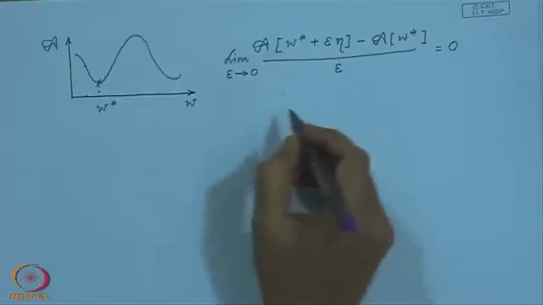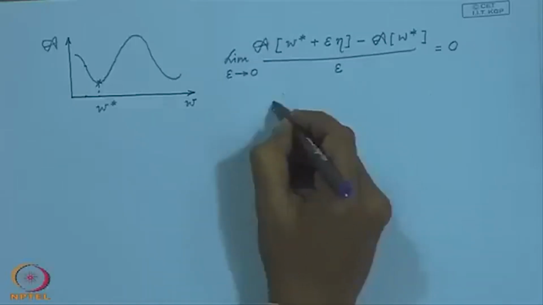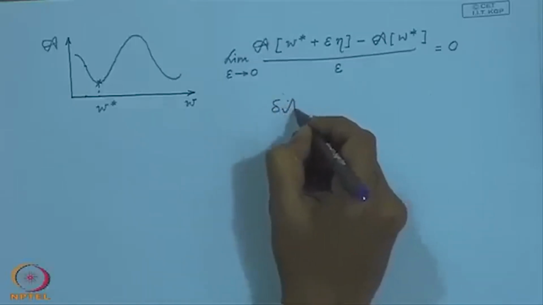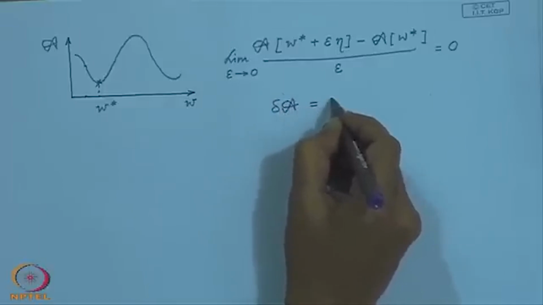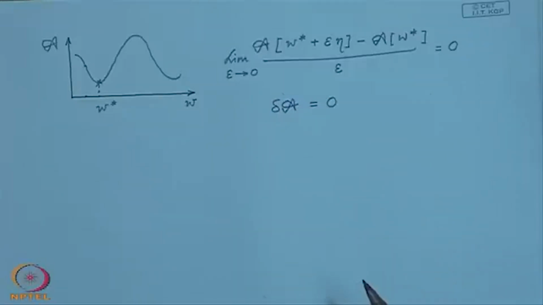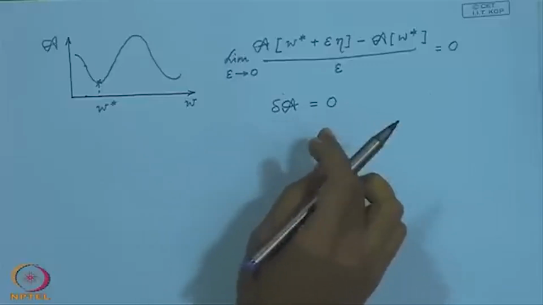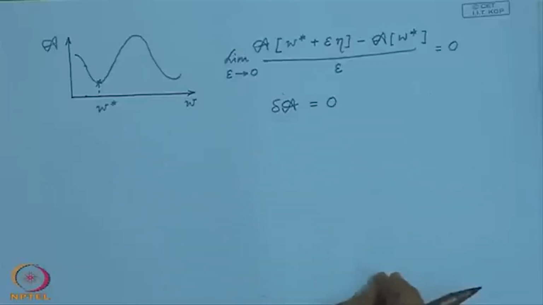Now, this is represented in this manner, just as in the case of functions we say del f del x vanishes, here we write delta of the action is equal to 0.